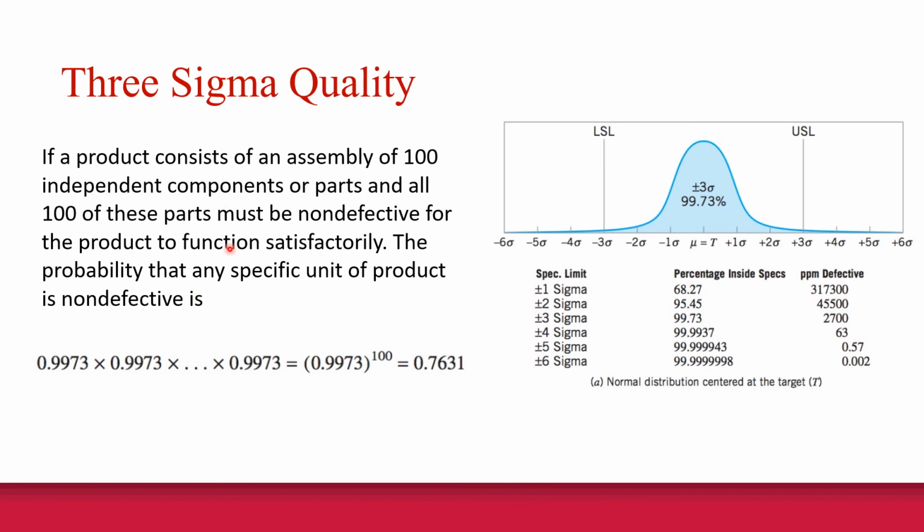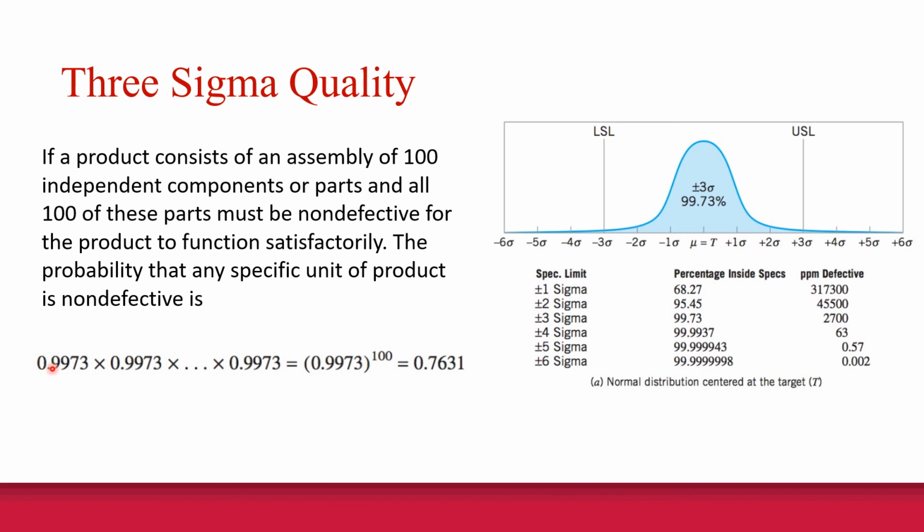So let's say you have a product that has 100 independent components. If you manufacture each one of them to plus or minus 3 sigma, then you would have 0.9973 for the first component times 0.9973 for the second component. Each component has to be manufactured to the 99.73%.